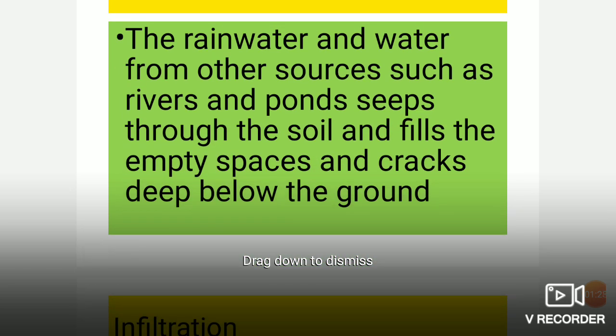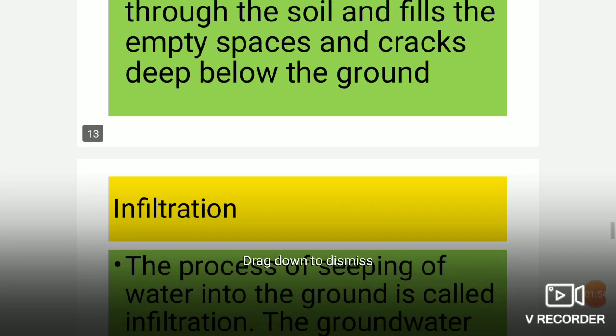Whenever there is rainwater, the rainwater percolates and adds to the level of the water table. So the rain and the water from other sources such as rivers and ponds seep through the soil, fill up the empty spaces, that means percolate, and reach the groundwater below the cracks deep below the ground.